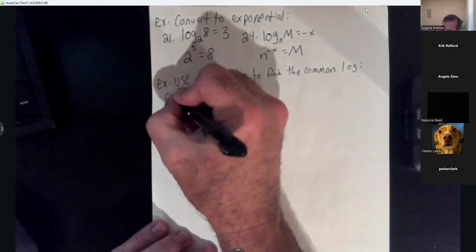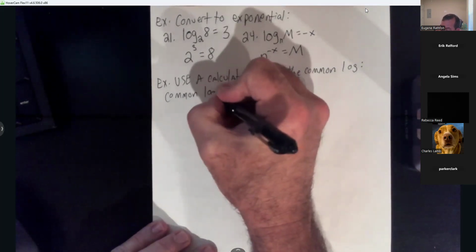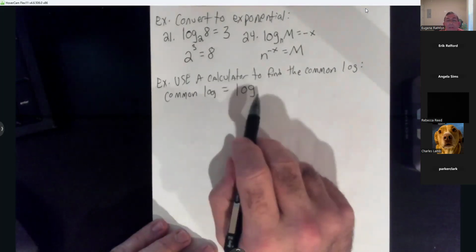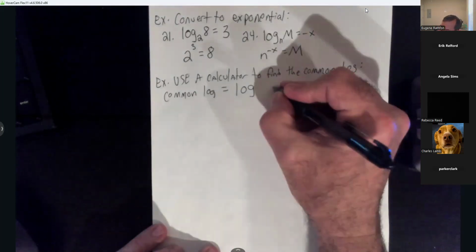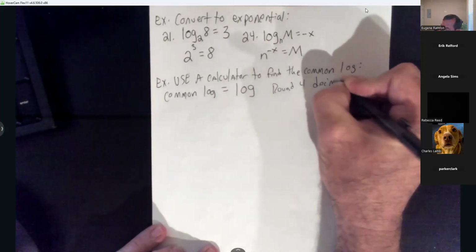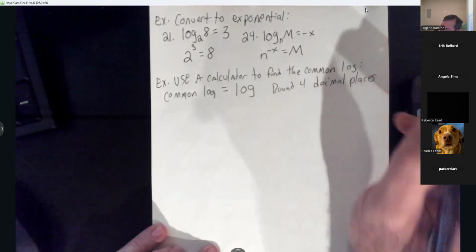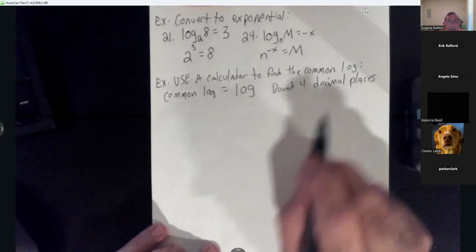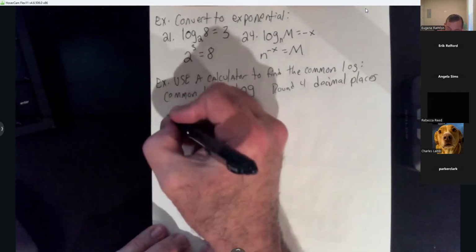The common log is equal to that LOG button on your calculator. The common log is a log base 10, technically, okay? Now, we're going to round to 4 decimal places. That means 4 spots after the decimal, okay? So y'all think about this one.